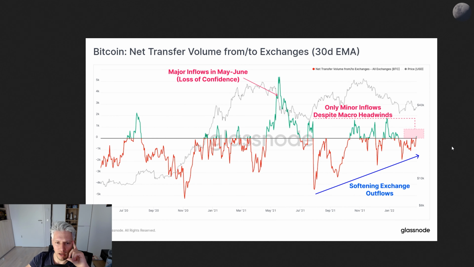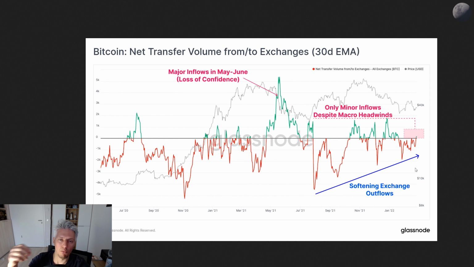Another thing which I found interesting is the net transfer volume from and to exchanges, which means how much money is withdrawn from exchanges and how many coins are being sent to exchanges, right? And what is fascinating is that here we have higher lows, consistently since about August 2021. So since the last low, we see higher lows.